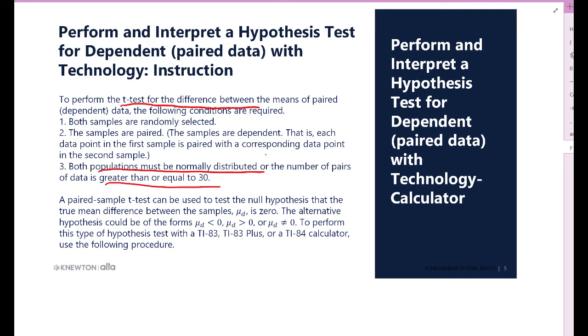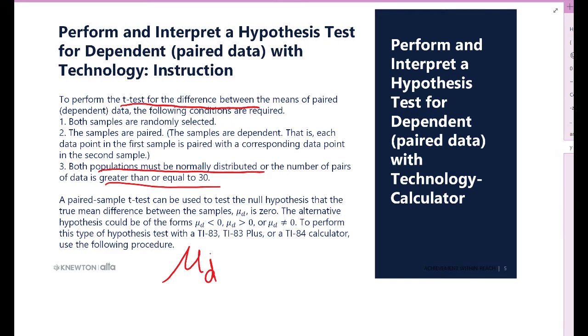But the key here is that the hypotheses are going to be a little different than what we're used to. When it comes to a paired data or dependent data hypothesis test, like I said, we're going to look at the differences. In fact, we're going to look at the mean of those differences between the two data sets. So our mu d stands for the mean of the differences.